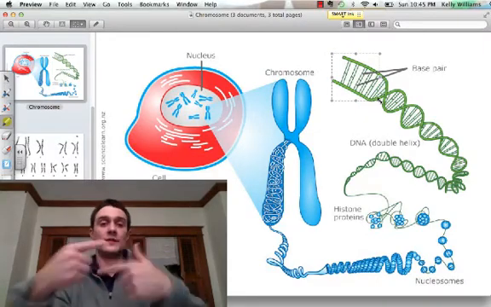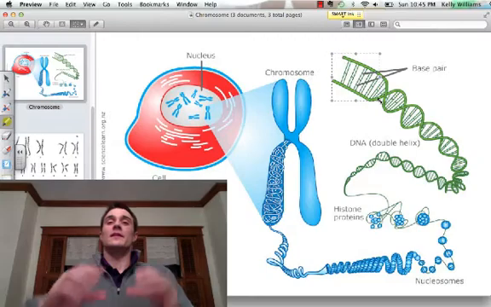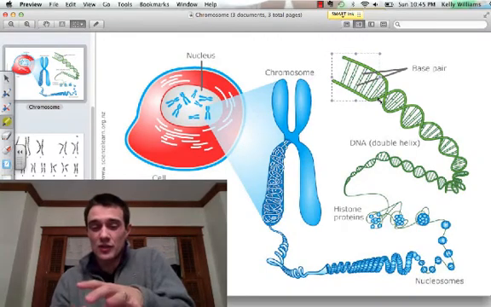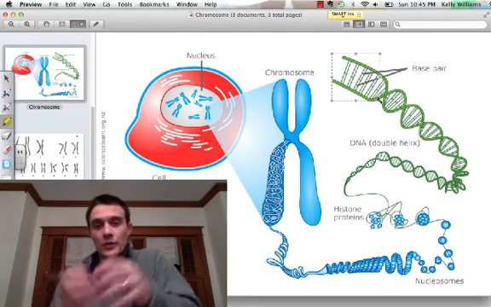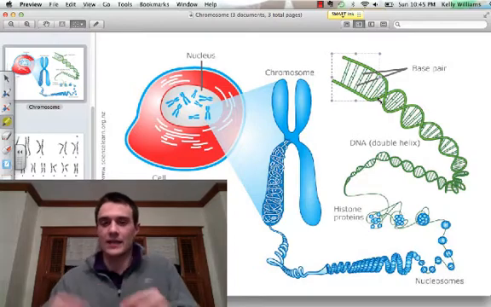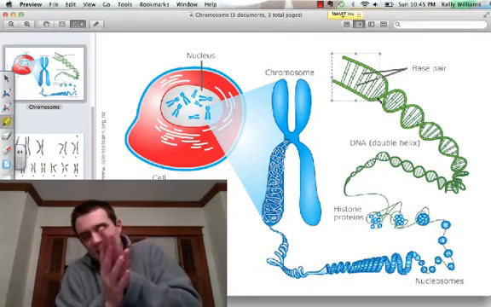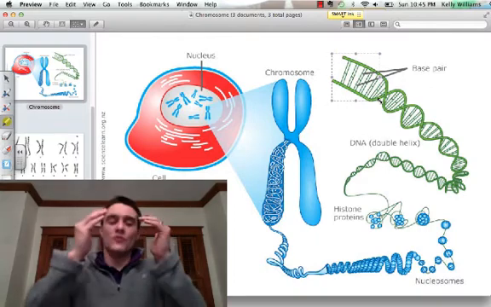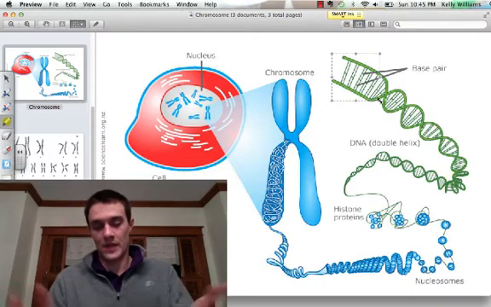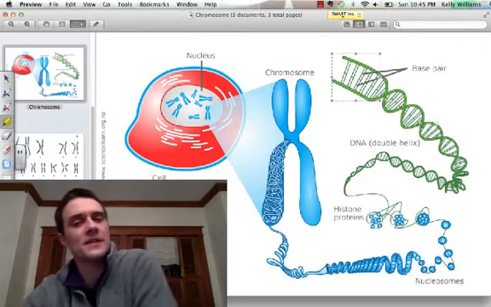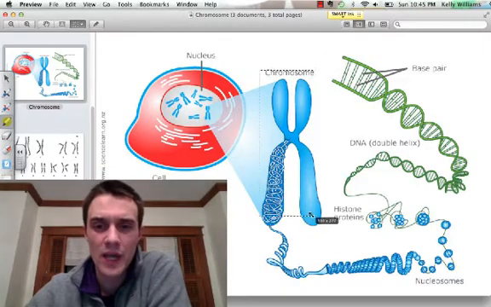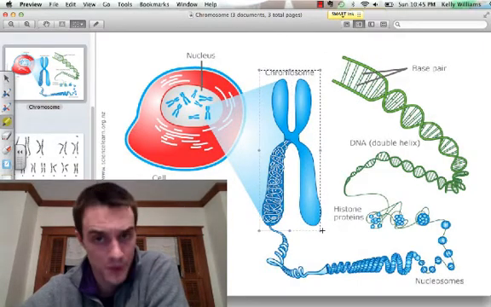DNA coils around these histone proteins. Then we get these structures called nucleosomes from the coiled up histones and DNA. And then those nucleosomes spiral and condense together, and they form chromosomes.